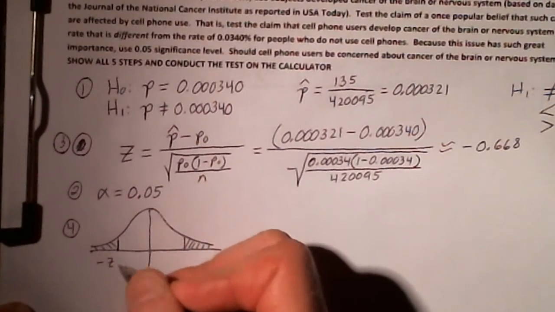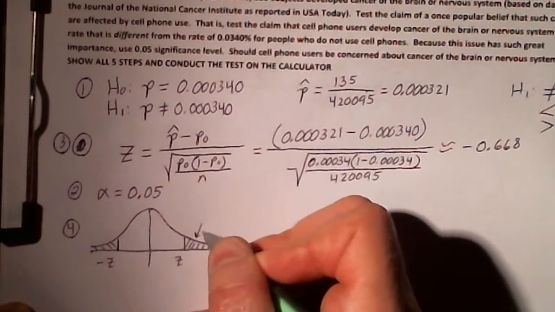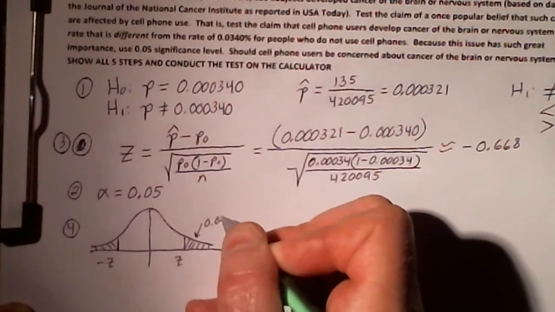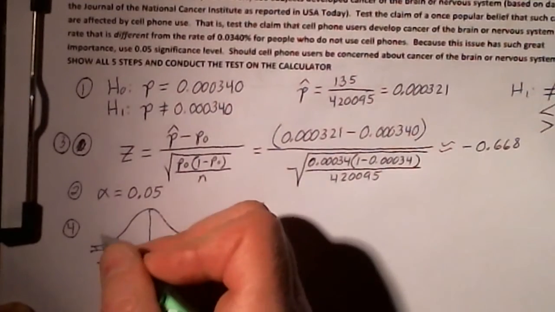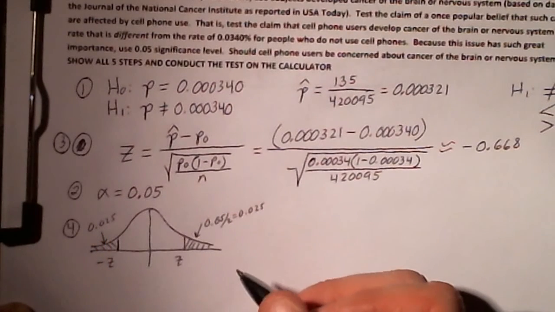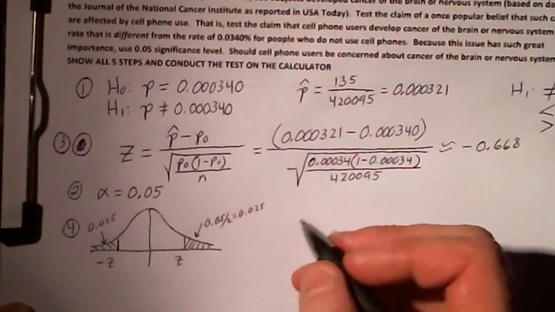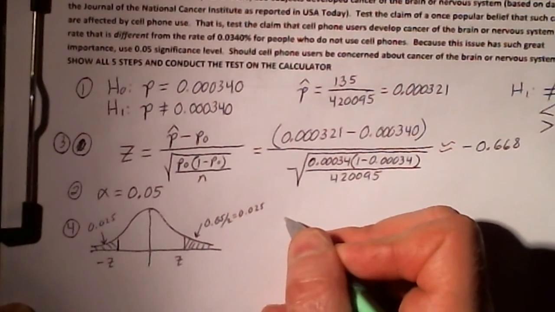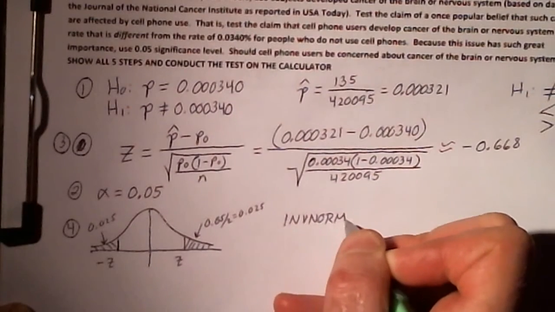And we're going to have to find these critical z-values here. Okay, so again, in the upper tail we have 0.05 divided by 2, which is to say 2.5% of our area. And also in the lower tail we have 0.025 of the area, or the proportion of the area of the entire curve. To find your critical z-value here, you're going to use your inverse norm function, which hangs out in your distribution mode.